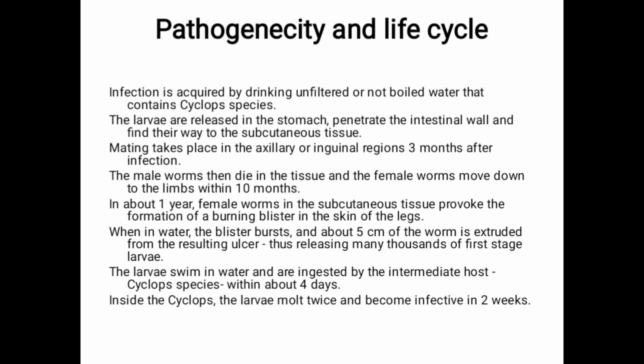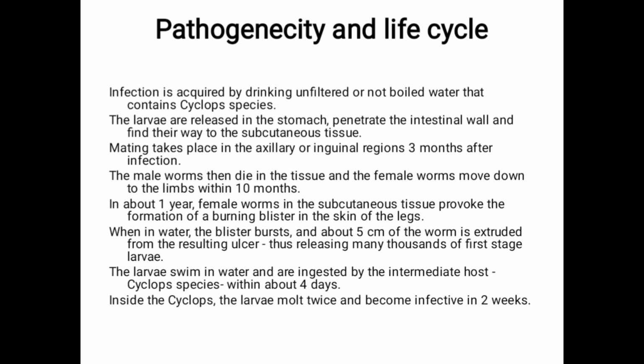The male worms, after doing their part, die. But the female worms continue to survive and move down the lower limbs, the legs. Within 10 months, it's a long duration.